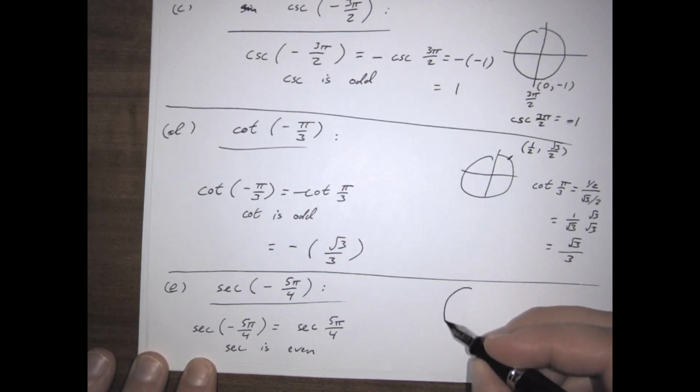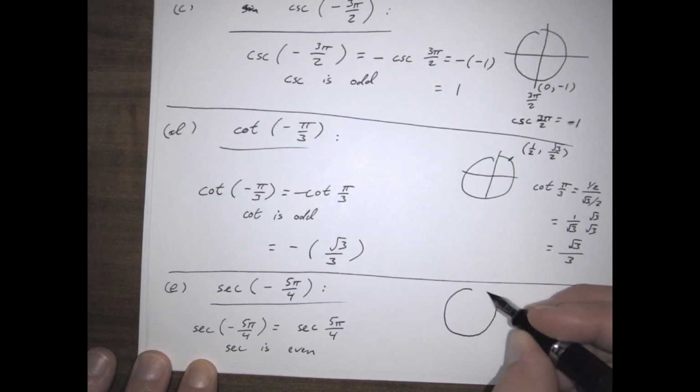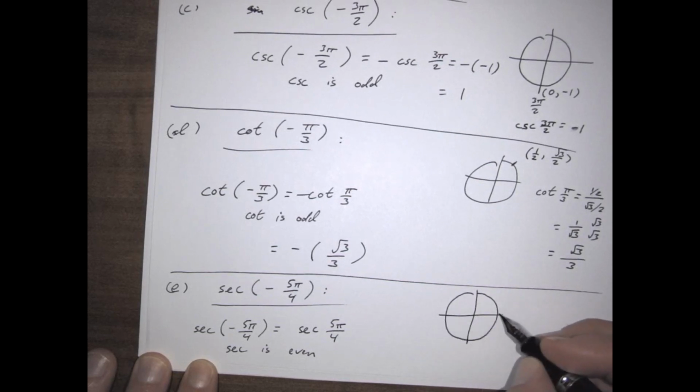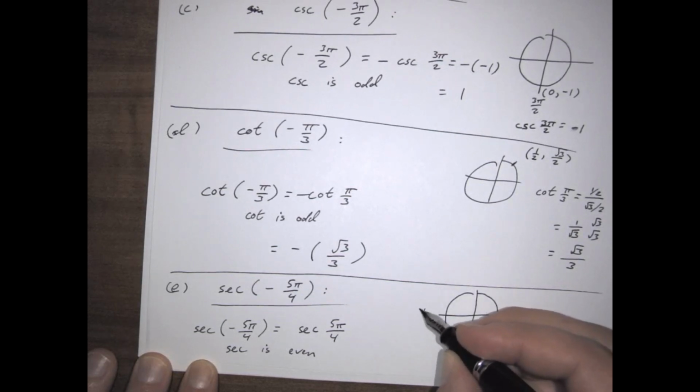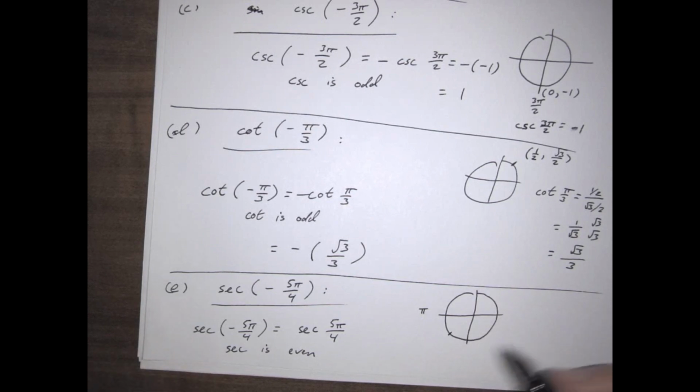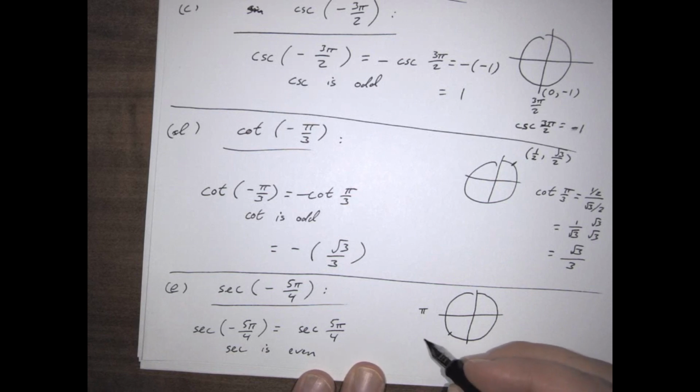Now, what is the secant of 5 pi over 4? So here we have a little bit more than pi, namely pi over 4 more than pi, which is going to put us down here. So 5 pi over 4, that would put us down here, which is negative, and it's root 2 over 2, root 2 over 2.